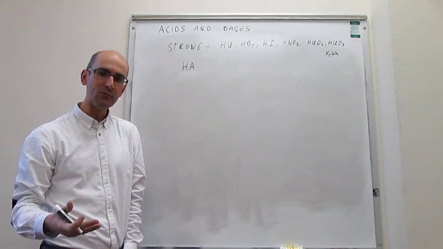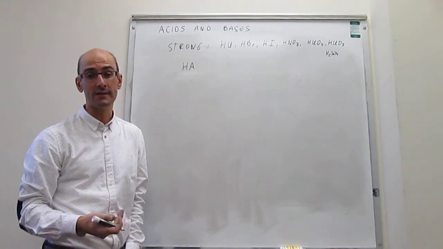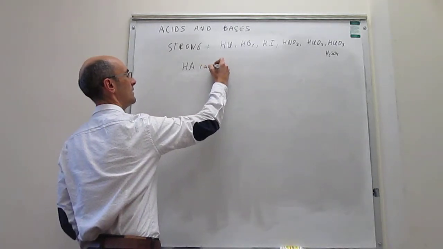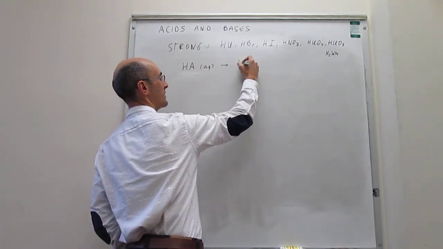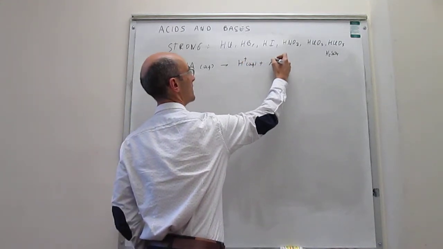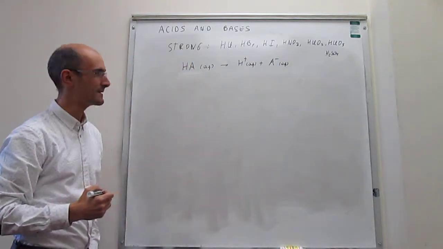From this definition we can look at the equilibrium that provides acidity. When you put this in water, because these are acids, you will generate a proton, that is the definition, and then A minus, which is what we call a conjugate base.